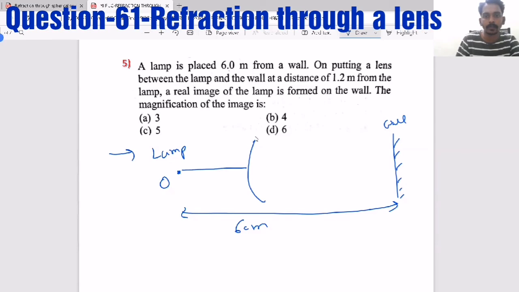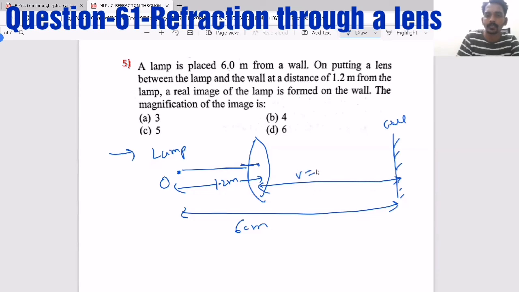Here we are placing one lens. This distance is 1.2 meter. A real image of the lamp is formed on the wall. That means the real image is found here, and this is the image distance. How much will it become? 6 minus 1.2, that is 4.8 meter.